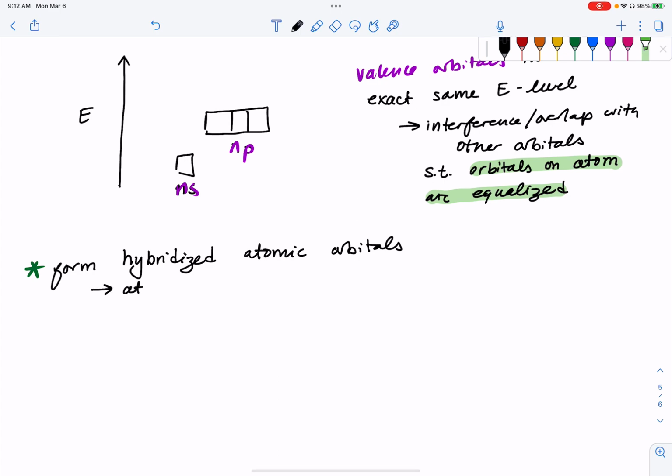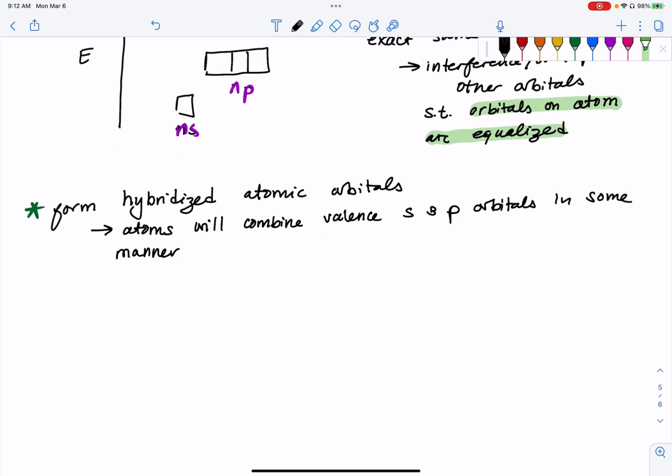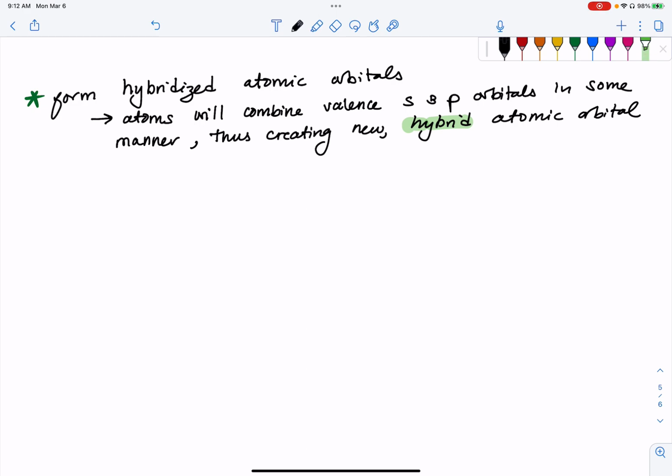Our atom will combine its valence s and p orbitals in some manner, thus creating a new hybrid atomic orbital. So let's look at what on earth is happening here.